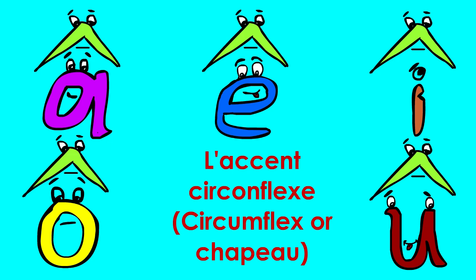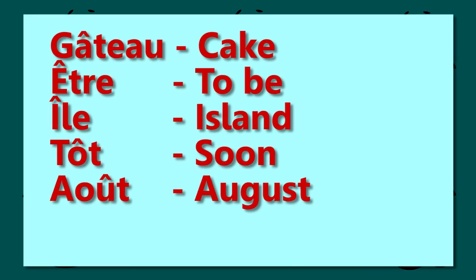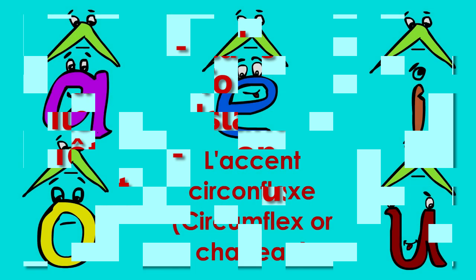I'll give examples for each. Gâteau means cake, être means to be, île means island, tôt means soon, août means August.